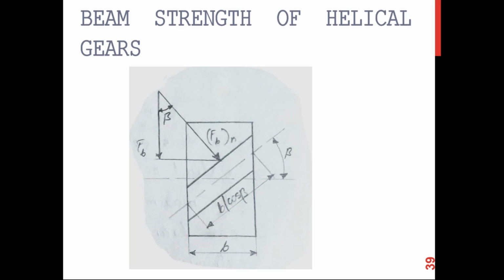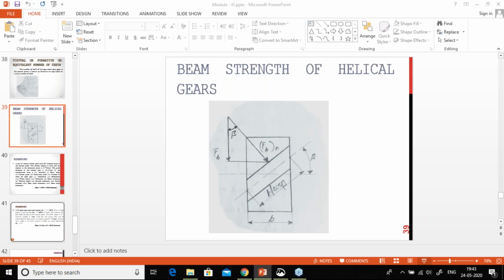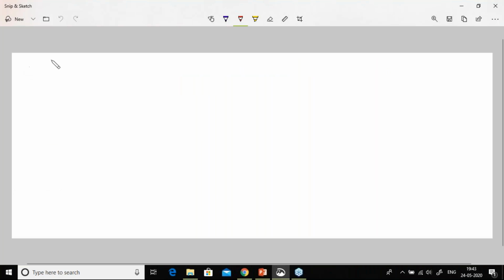Now, the beam strength of the spur gear is given by FB, which is equals to m into b into sigma b into capital Y. Call this as equation number 1.